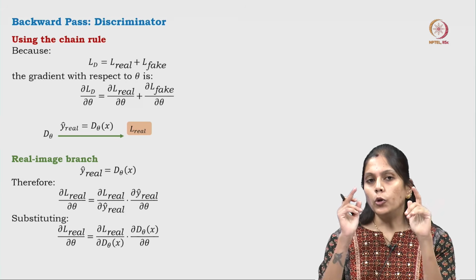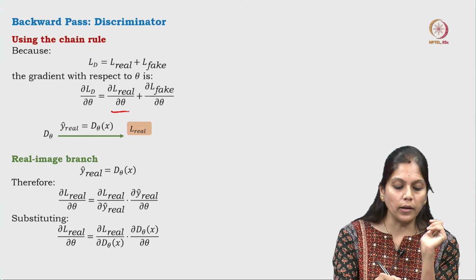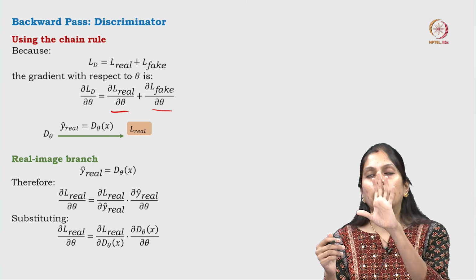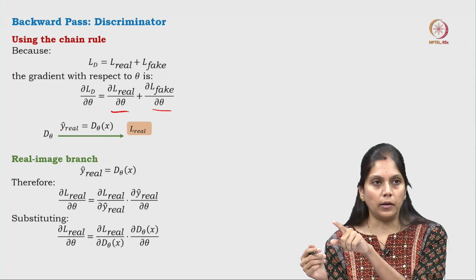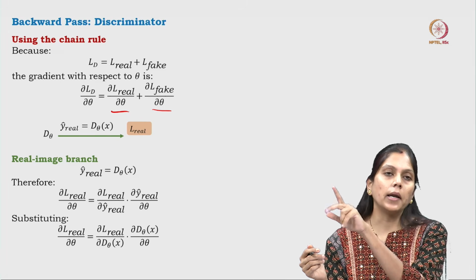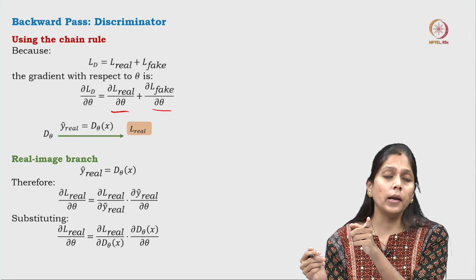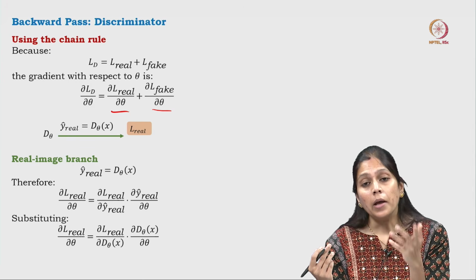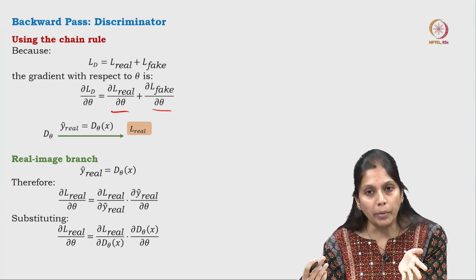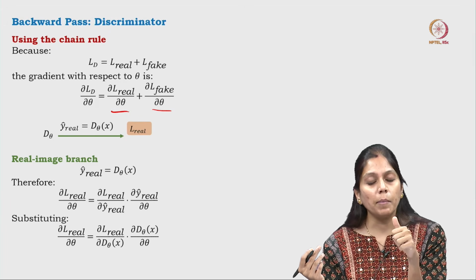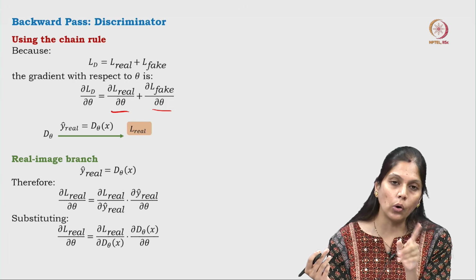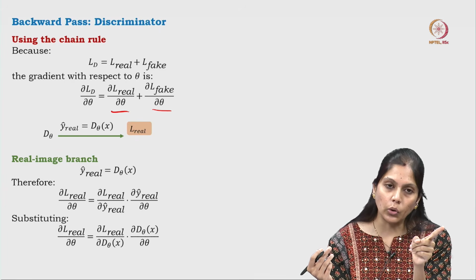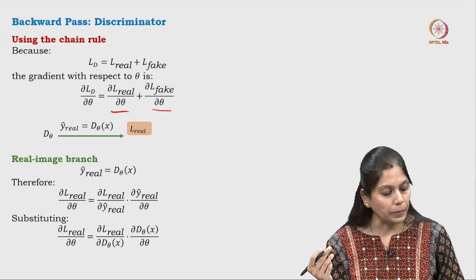For the path to update these, you have to get these two values. For the loss with respect to real images, you get a prediction y real. From y real you can reach the discriminator parameters. It should be able to predict properly for real images, and for fake images also. So, you are able to reach the parameters and you are updating here.